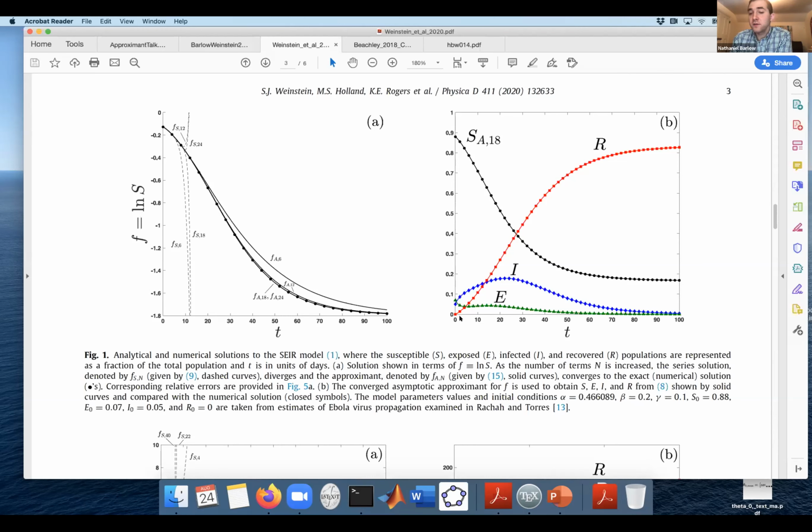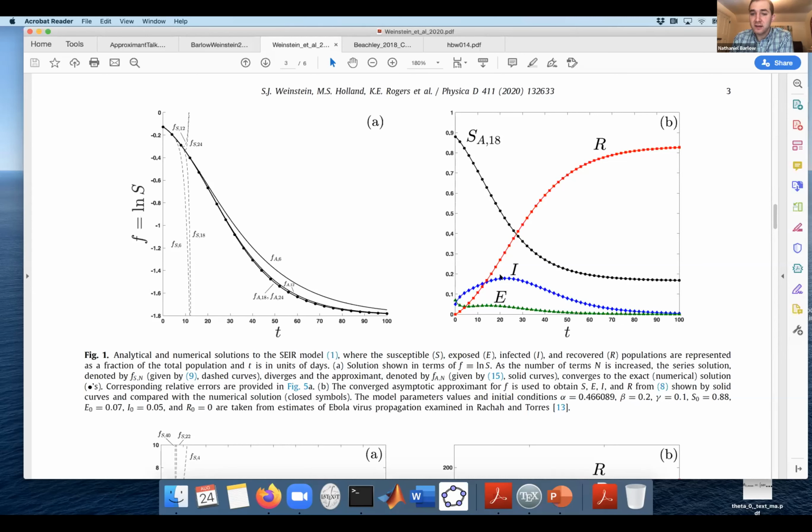And because of what Steve said with taking the derivatives, we're able to take the derivatives of the approximate without losing accuracy. We don't have to use any finite difference scheme or anything to take these derivatives because it's all analytic. So we can take them just by taking the derivative analytically, and we find the recovered goes from 0 to some plateau up here at the top.